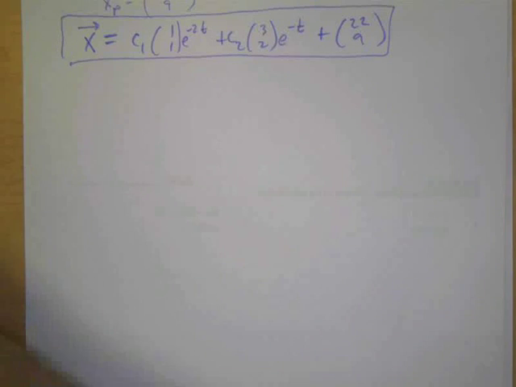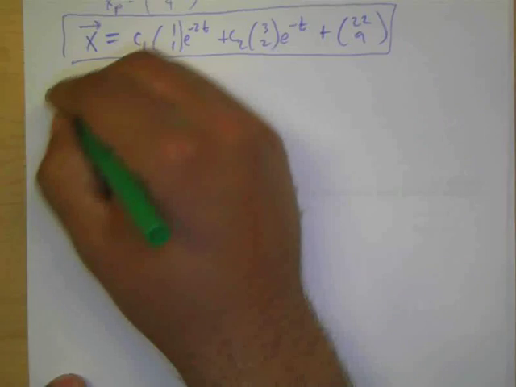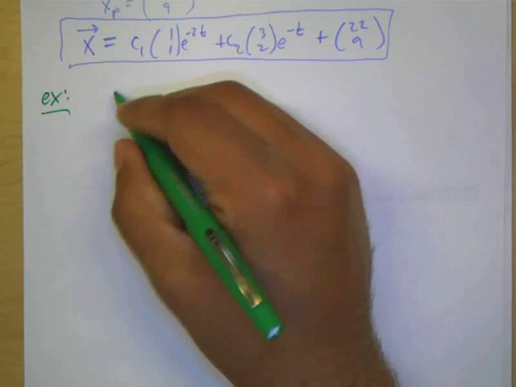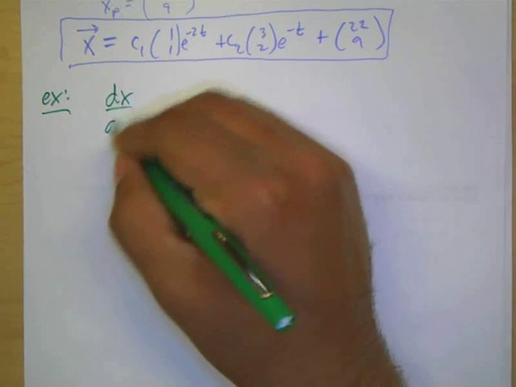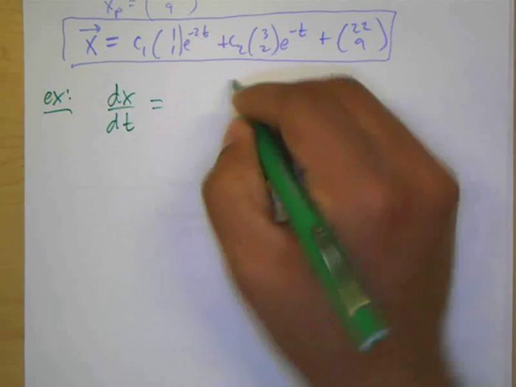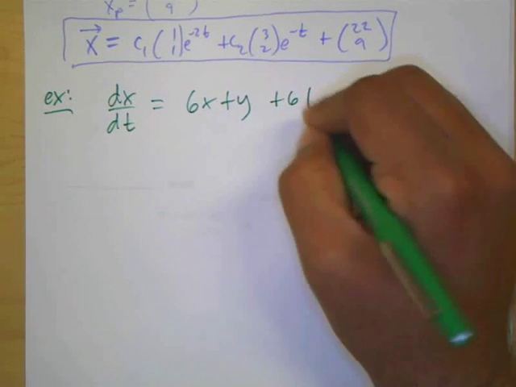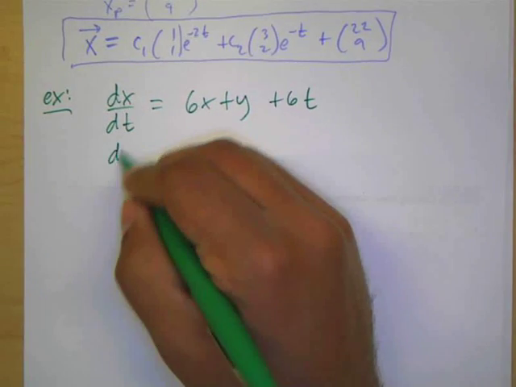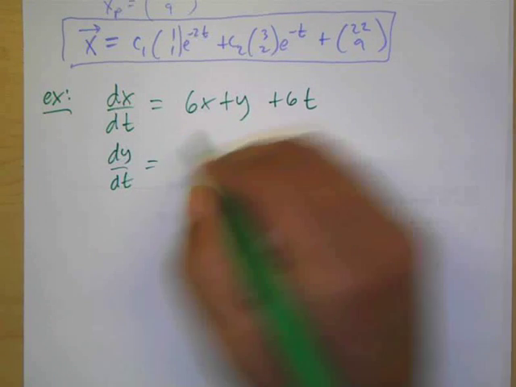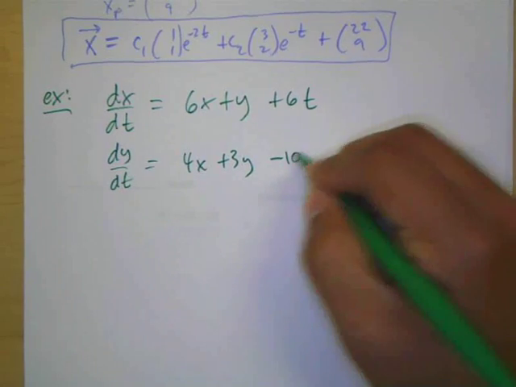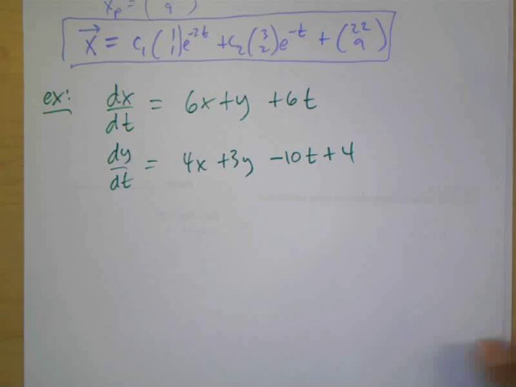All right, so let's say we have dx/dt equals 6x plus y plus 6t, and dy/dt equals 4x plus 3y minus 10t plus 4.